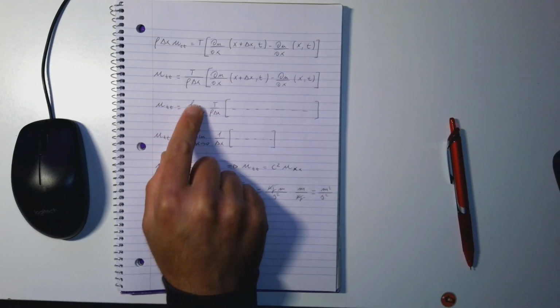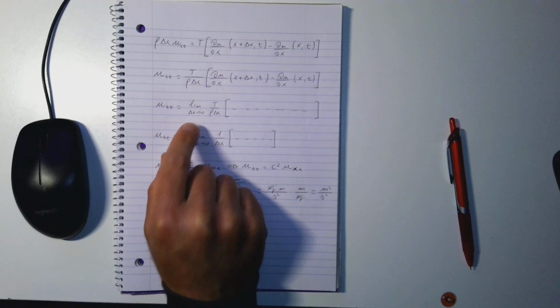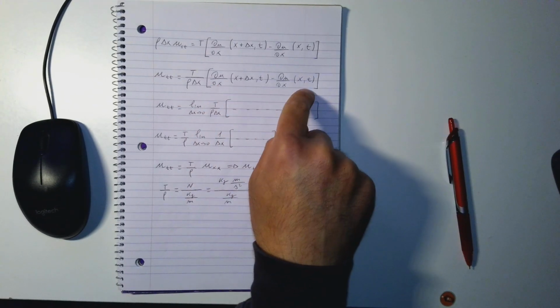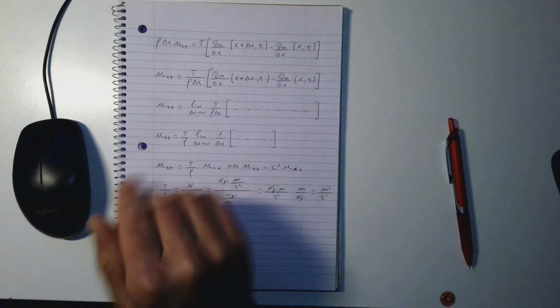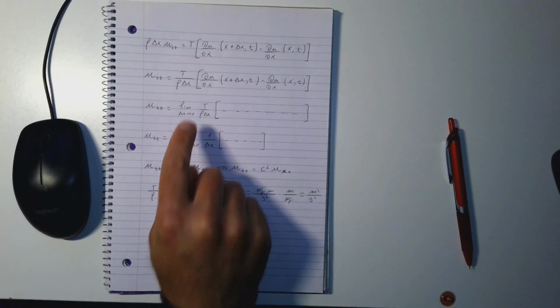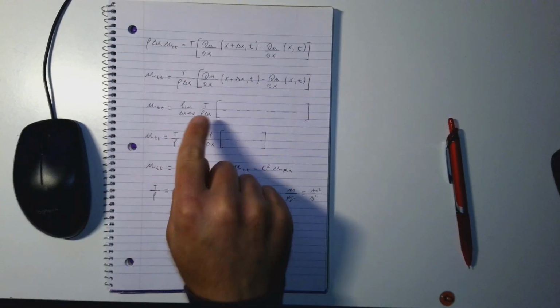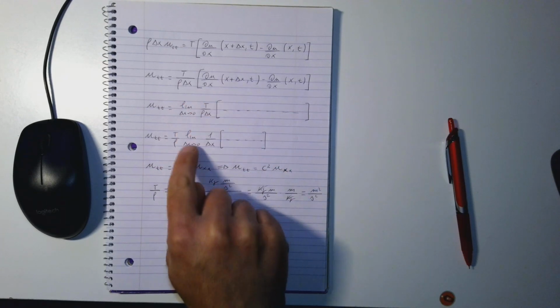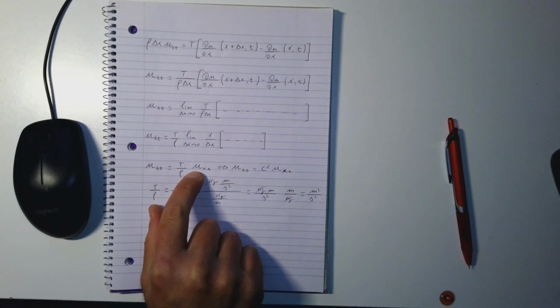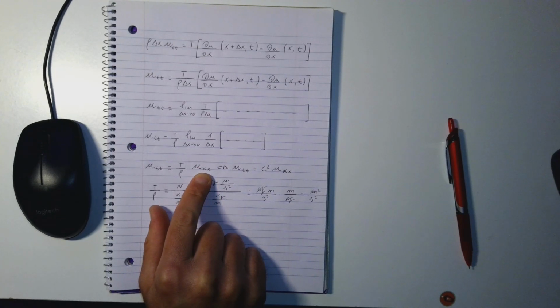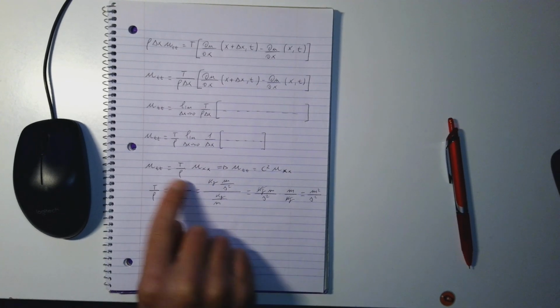When we take the limit for delta x that goes to 0, we are basically calculating the derivative of this function. This is already the derivative here, which means we are doing the second derivative. Since we are doing the second derivative, we can simply replace all these terms here with the second derivative of the displacement with respect to space, with respect to variable x.